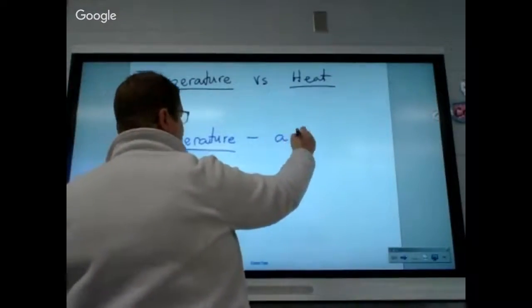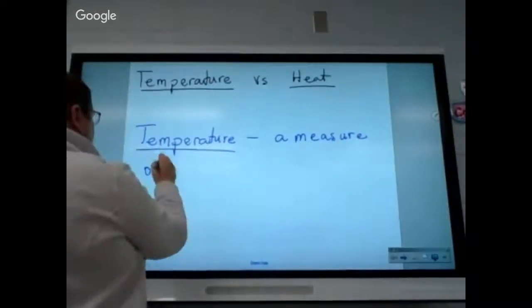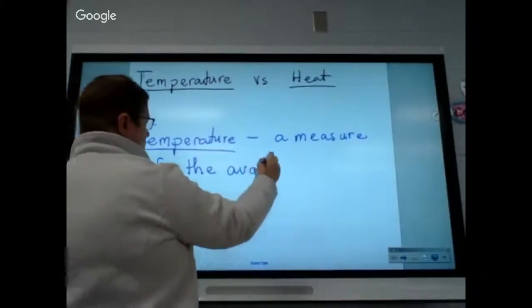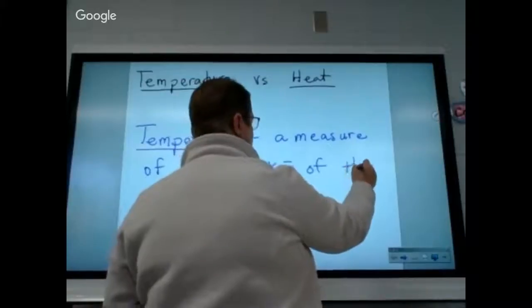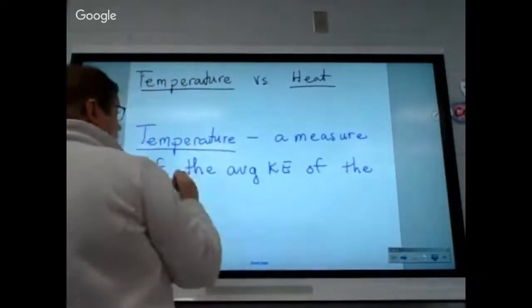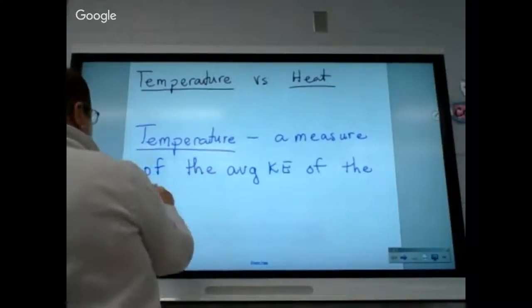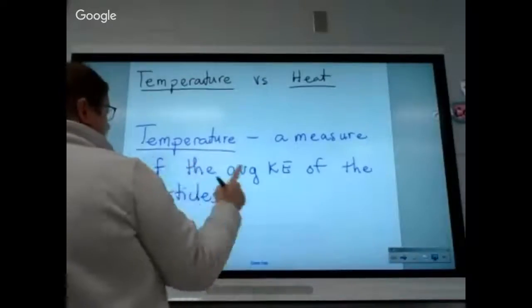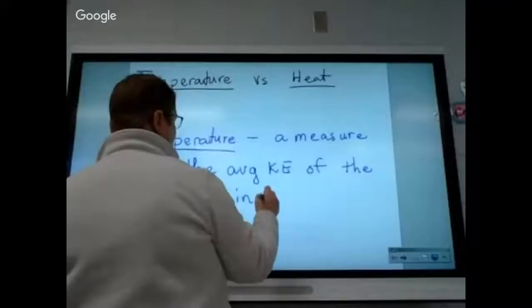Temperature is a measure of the average kinetic energy of the particles. I just want to make it sound right. A measure of the average kinetic energy of the particles in a sample of matter.